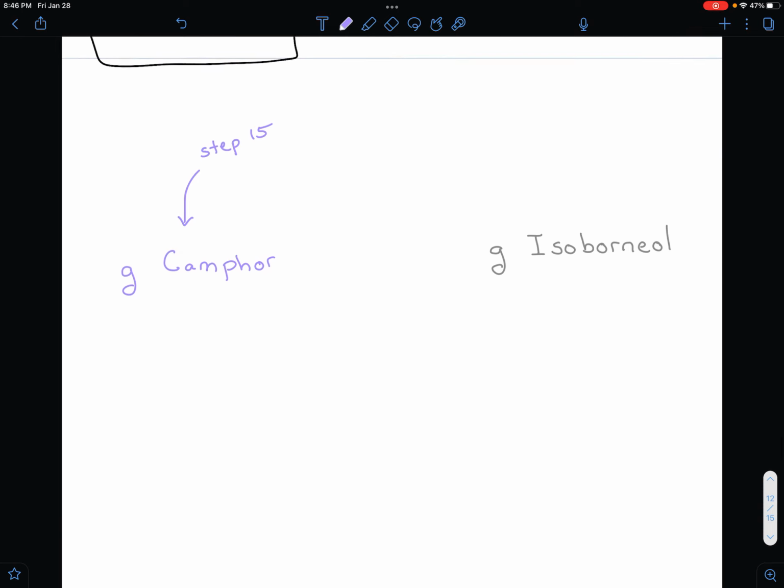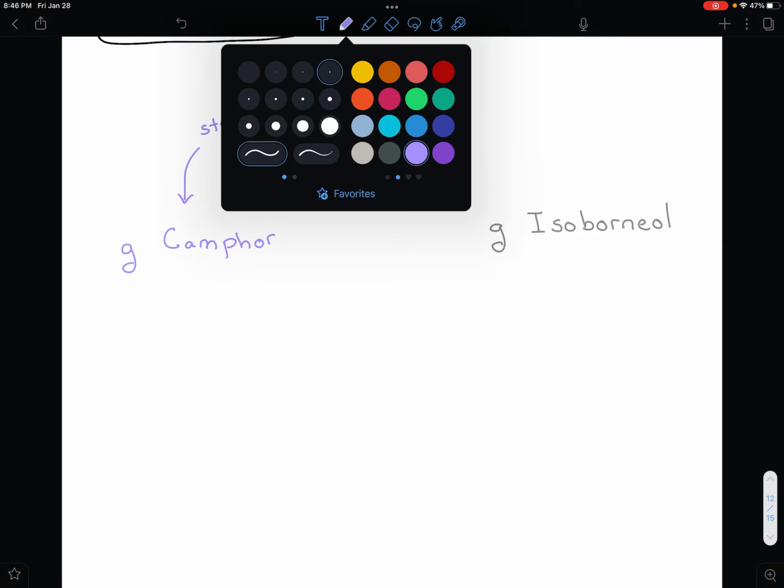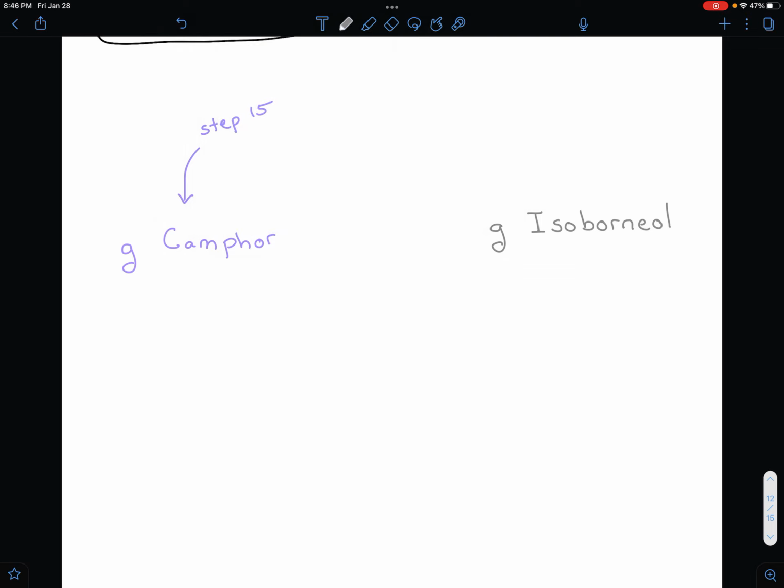That's what you're going to start with when you're trying to calculate your theoretical yield. That's the theoretical amount of grams of isoborneol you could have made if you had performed the reaction with 100% efficiency. So we have grams of camphor. What we really want are grams of isoborneol.